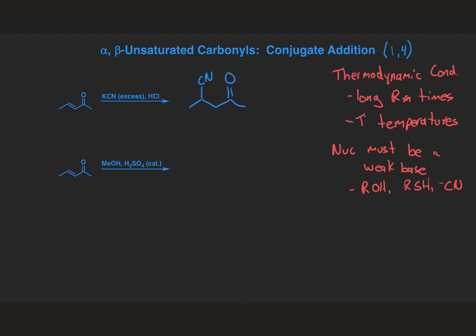If we look at the mechanism, I thought we would look at another example using methanol as our nucleophile. And in this case, I have an acid catalyst, and that should be a red flag that the first thing you're going to do is protonate something.